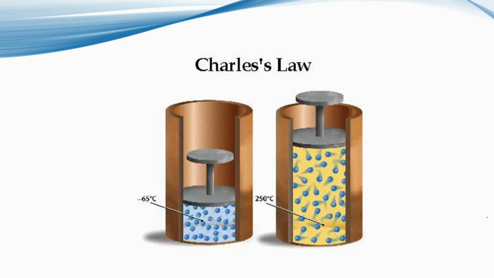And therefore, in order to preserve that pressure, and without adding any more particles, the temperature of them has to increase. So it has to start moving faster so that they can hit the walls of the container more often to maintain the pressure, right? So an increase in the volume would also represent an increase in the temperature. So that was Charles' law. Let's move on to the next one.